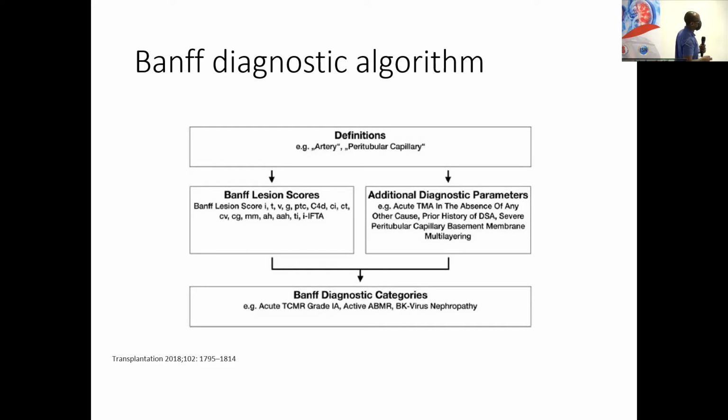And you really do need additional clinical information, so to exclude, for example, another cause of TMA, sometimes very difficult in patients on calcineurin inhibitors, to exclude other causes of acute tubular injury. We combine that information to come up with a BAMF diagnostic category.